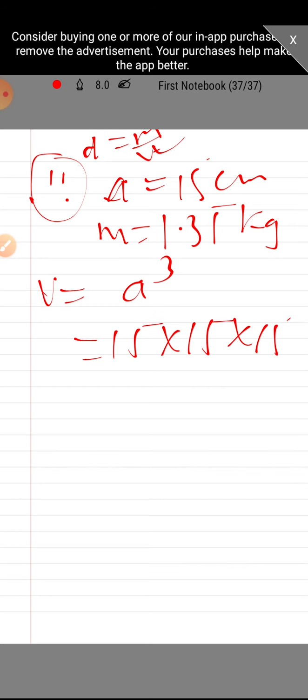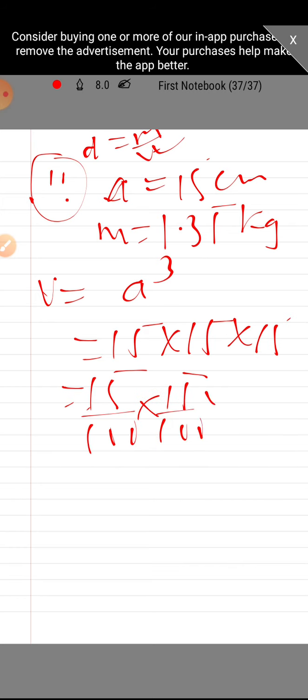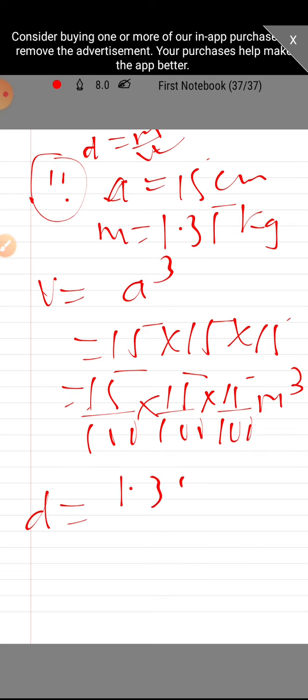So we have 15 upon 100 into 15 upon 100 into 15 upon 100, and that is now in your meter cube. So now we will again write the formula. So density is equals to mass. Mass is 1.35 upon volume. So 15 into 100, 15 into 100, 15 into 100.